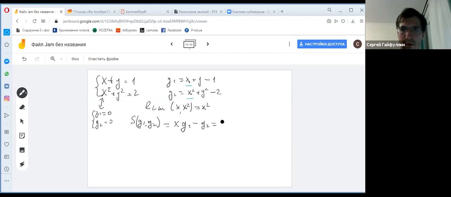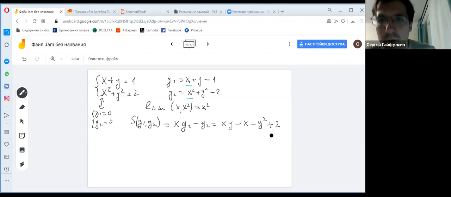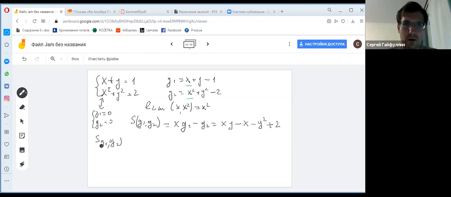Which is xy minus x minus y squared plus 2. Now we will try to reduce it. It cannot be reduced by G2, but it can be reduced by G1.